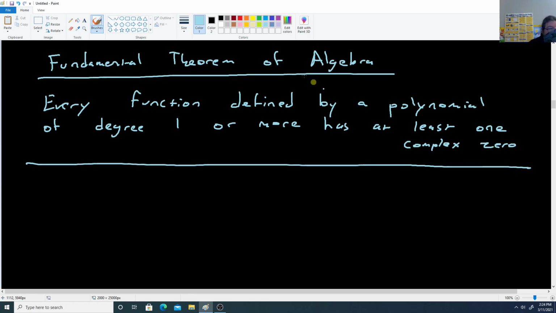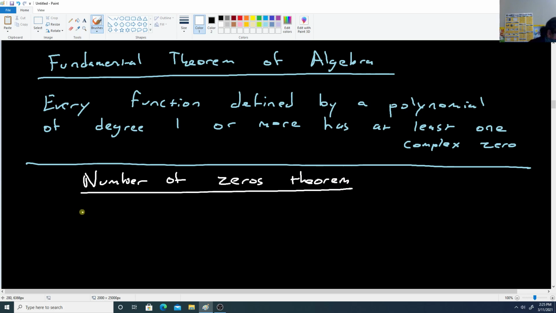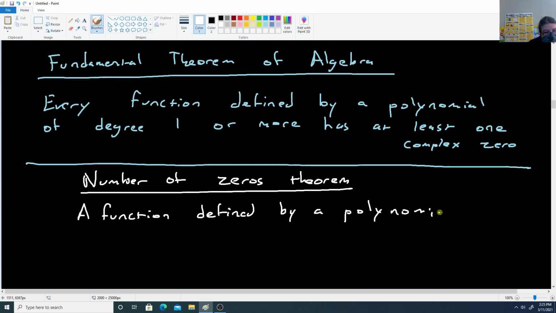Also, we get the number of zeros theorem. The number of zeros theorem says the following: a function defined by a polynomial of degree n has at most n distinct zeros.